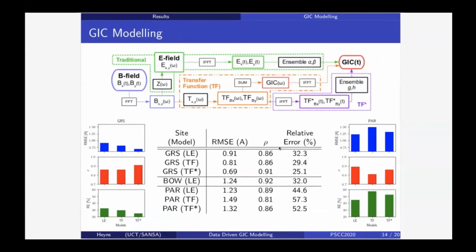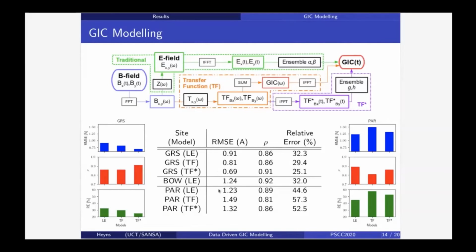In terms of Grassridge, the layered earth or traditional modeling performs better than any previous modeling done. The transfer functions, however, incrementally improve on this, which can be expected since fewer assumptions are made. Bowen, in this case, is included for consistency, but lacks enough data for proper transfer function analysis.